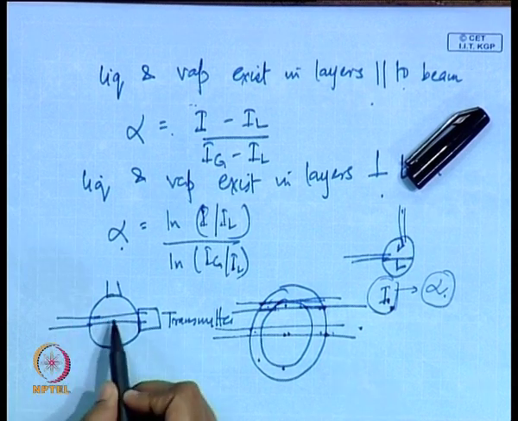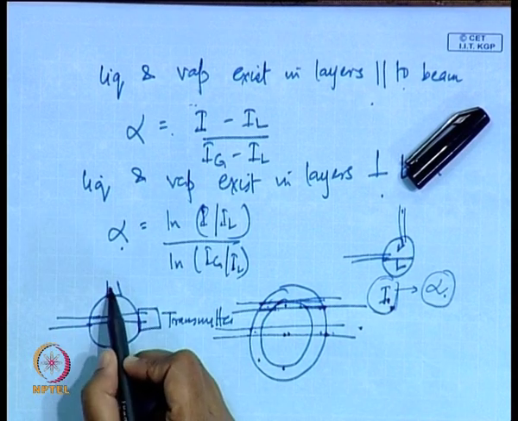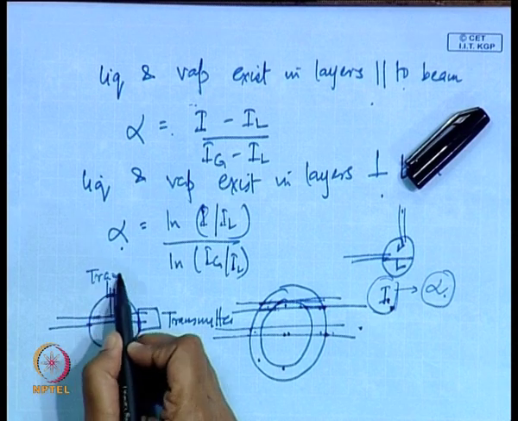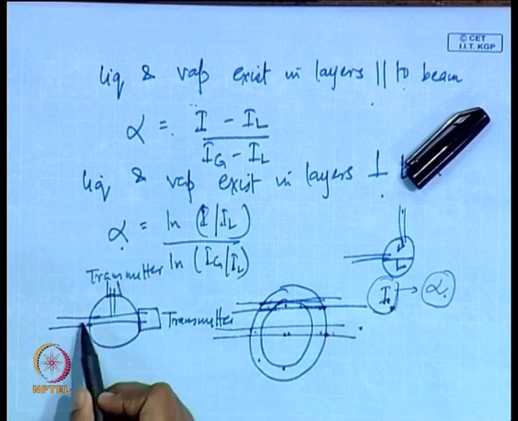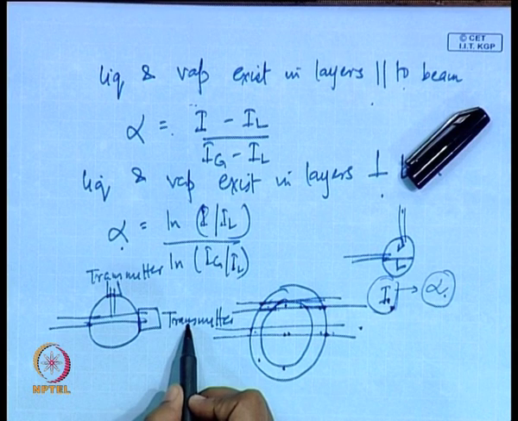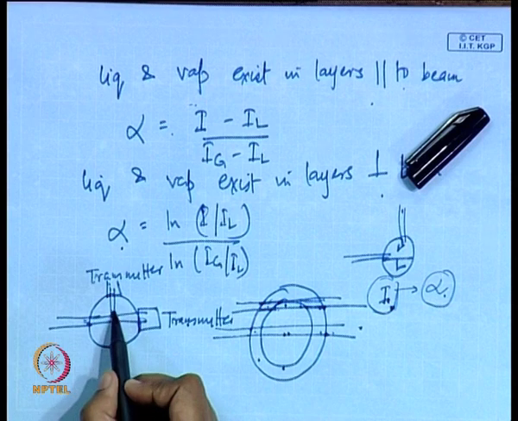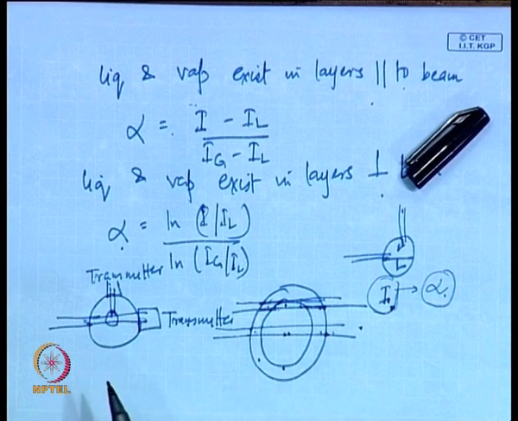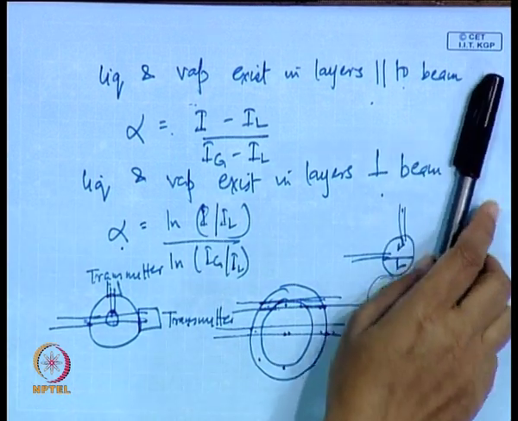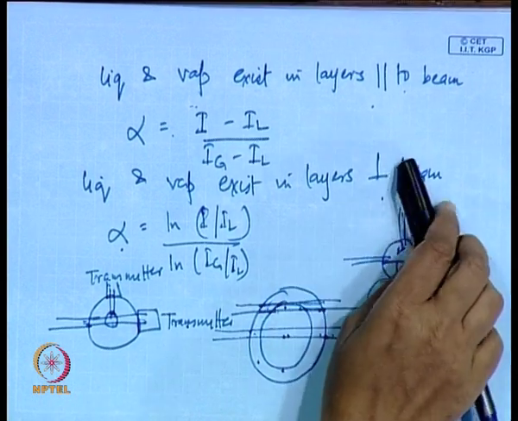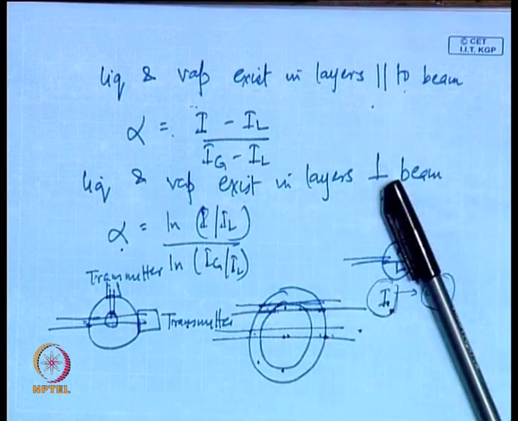We can adjust the source such that the scattered radiation is detected by this particular detector, the emitted radiation is detected by this one, and from these two measurements we can get a very good idea about the local void fraction here. So, instead of measuring the amount which is attenuated, we measure the amount which is scattered. This is a very good method for finding out the local void fraction.